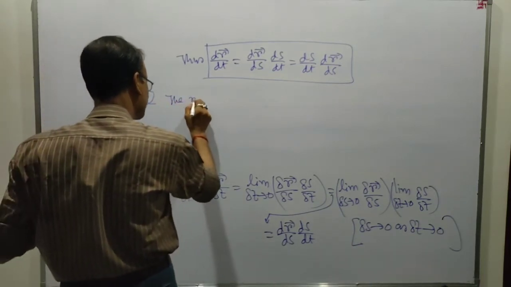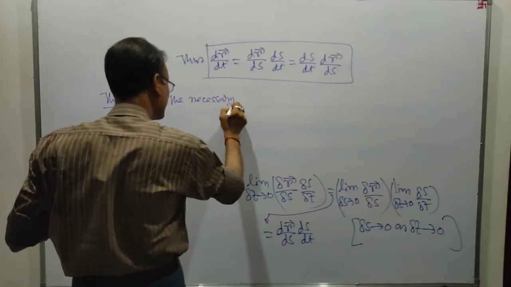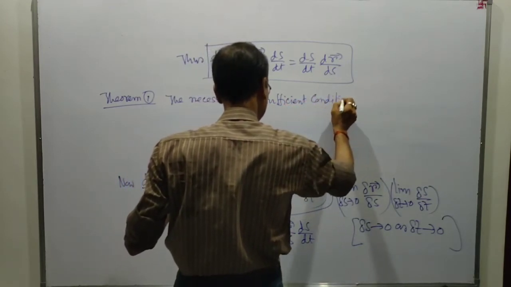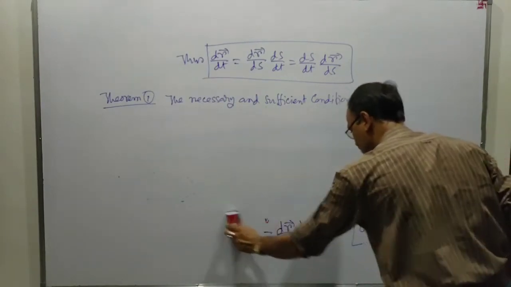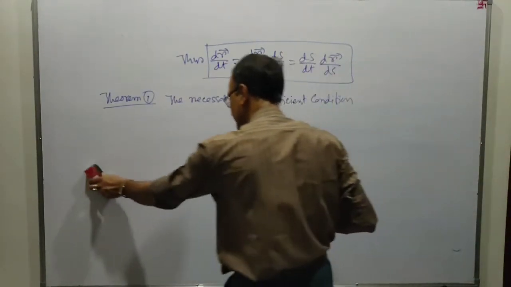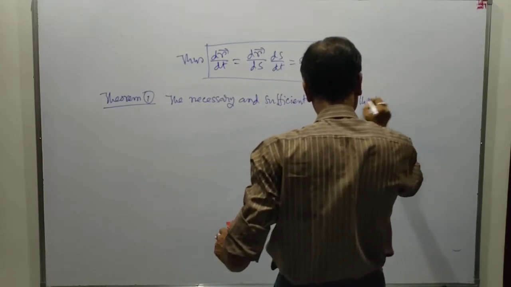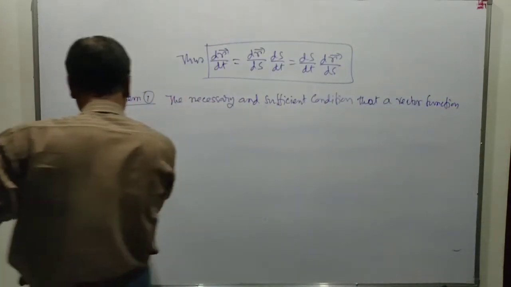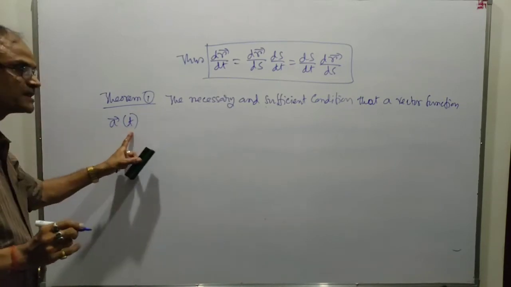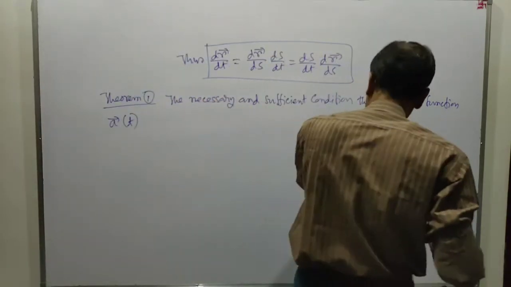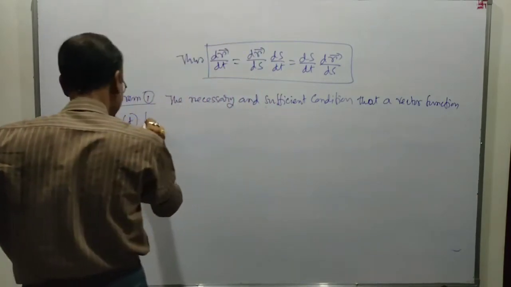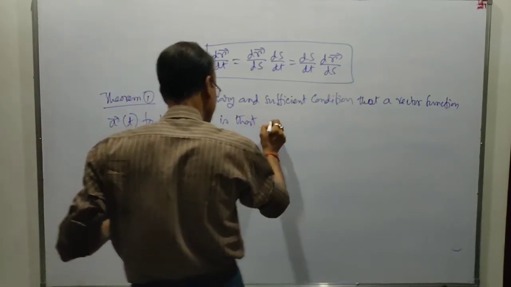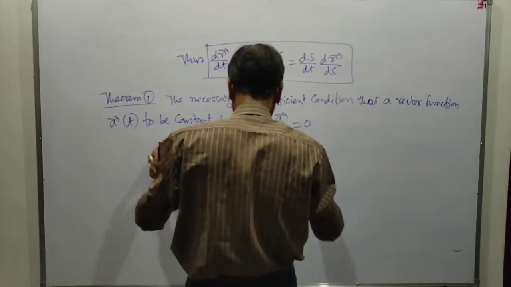The necessary and sufficient condition that a vector function A vector of the scalar variable t to be constant is that dA vector by dt equals 0.